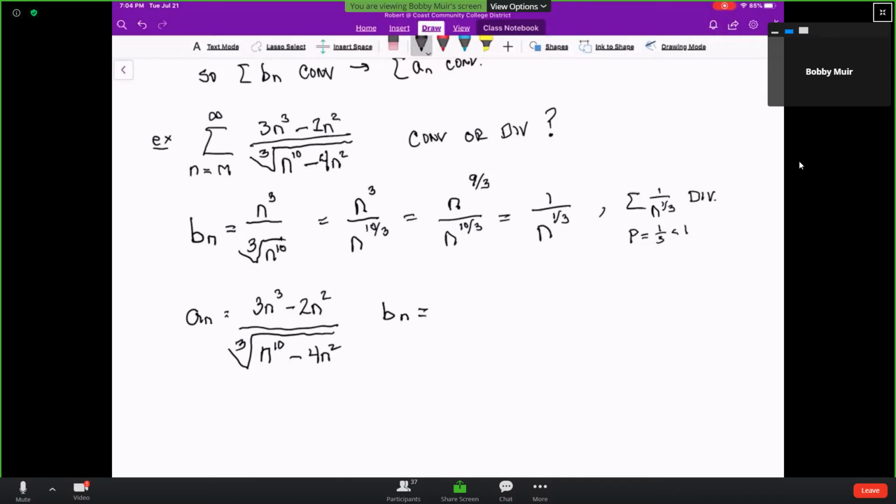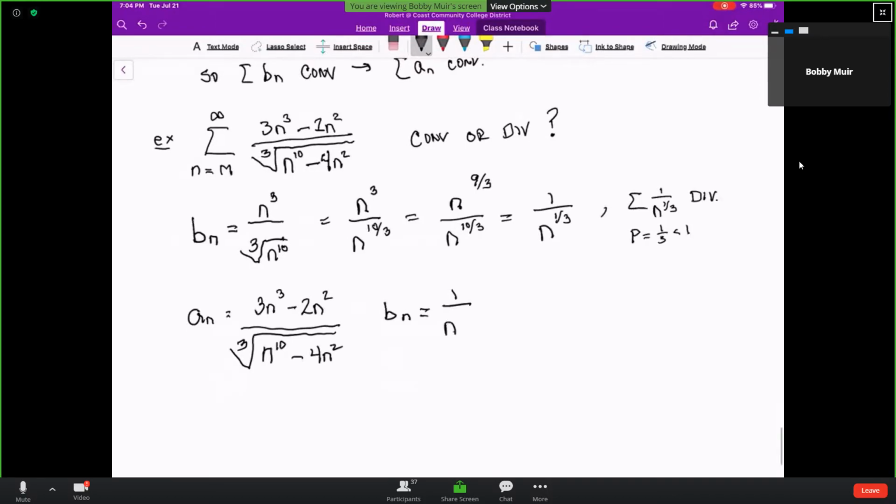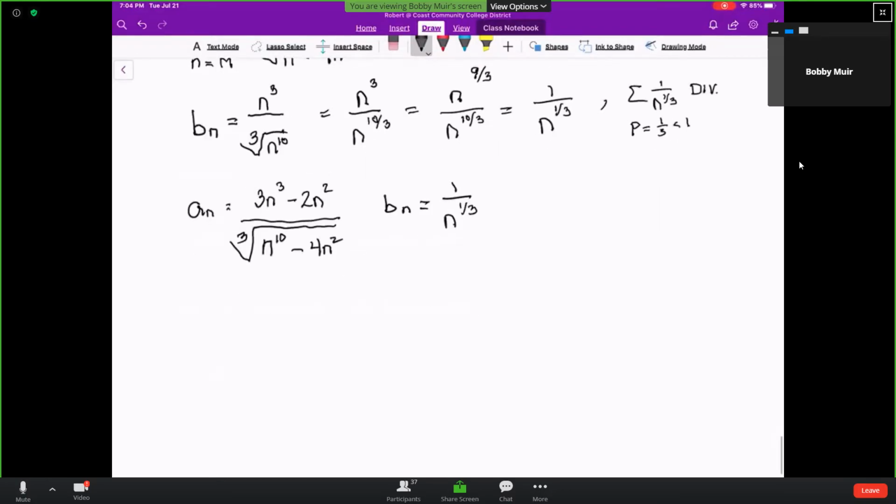And the b_n is going to be 1 over n to the 1/3. a_n over b_n is going to be n to the 1/3 times 3n cubed minus 2n squared, all over the cube root of n to the 10th minus 4n squared.